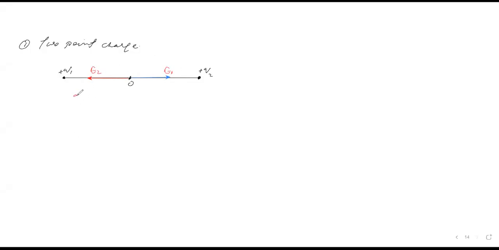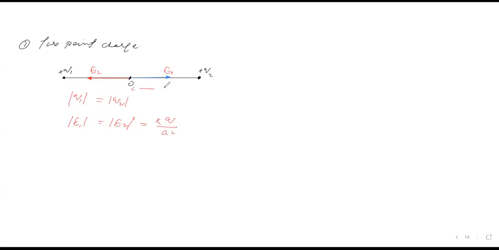The magnitude of Q1 is equal to the magnitude of Q2, so E1 is equal to E2, which is equal to KQ over A square.